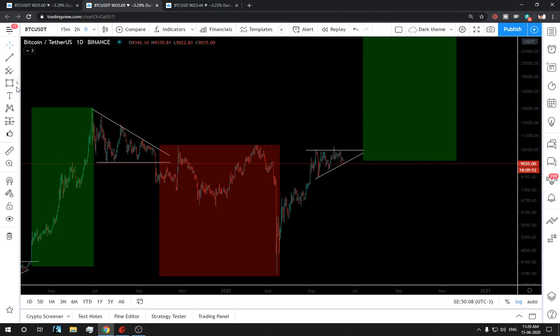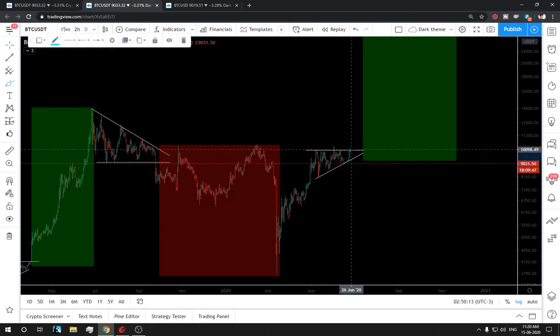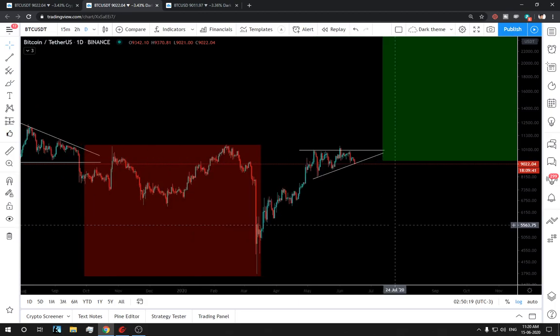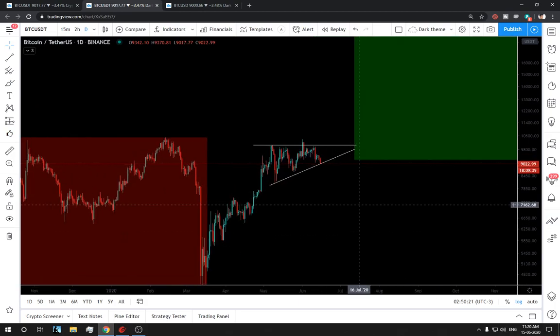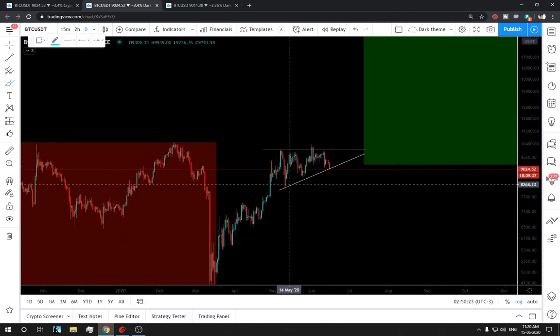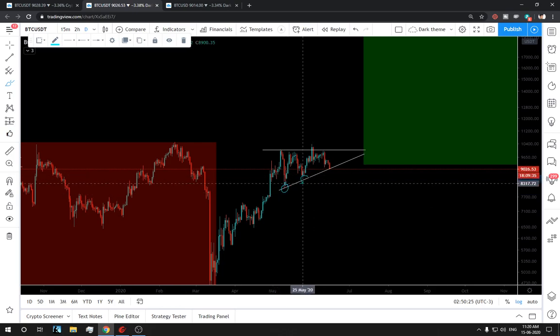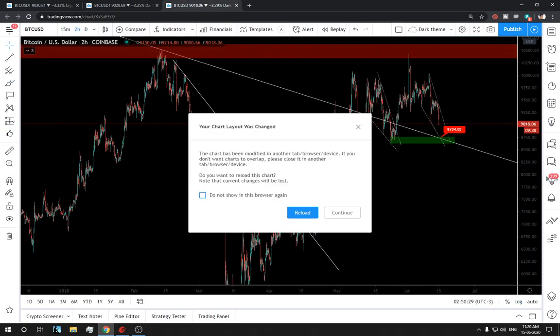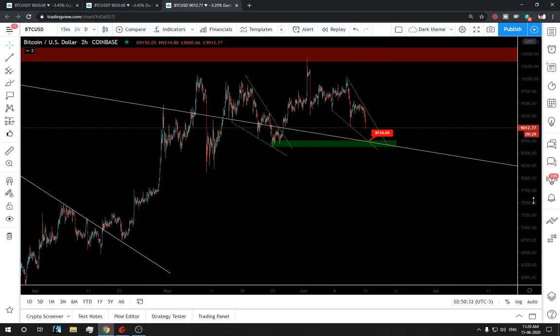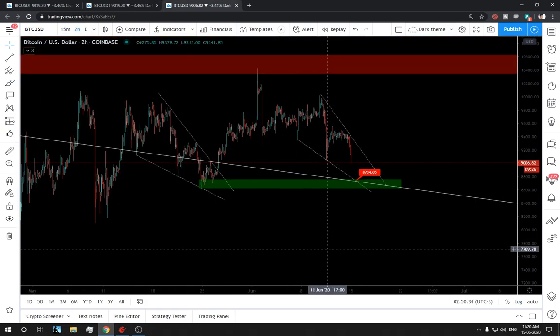It is highly possible that the market might reverse again, touch again, give it the third touch, and then boom. And also, we already have three touches here, and it is touching again now. So this is what I'm looking for in Bitcoin.